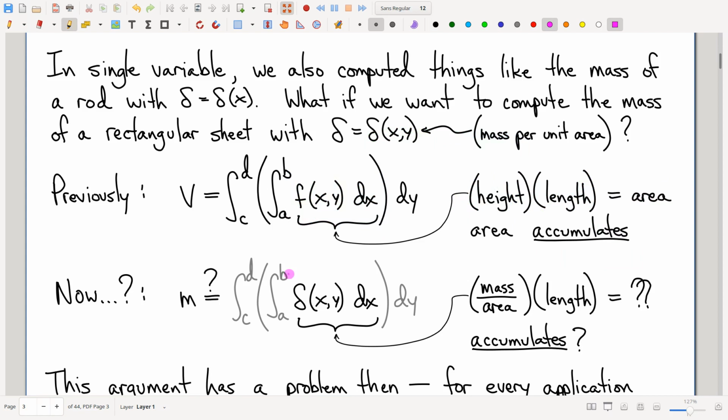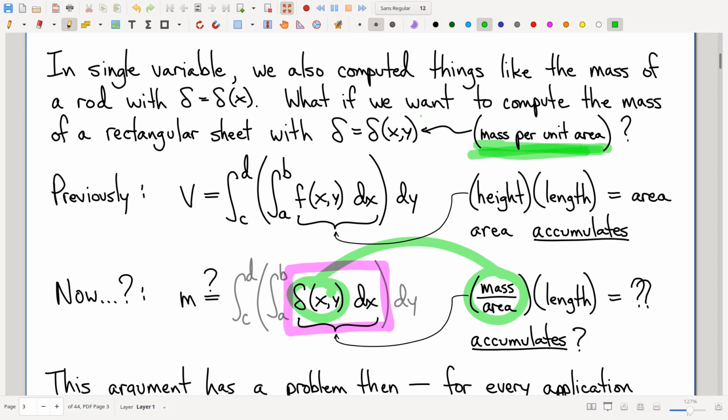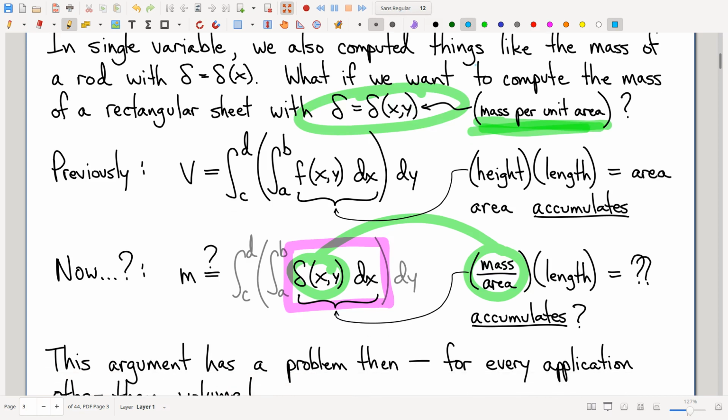Let's look at the integral we would have written down, with hope in our minds that maybe this will compute mass for us. And we look at the exact same analogous thing, and our integrand here, mass per unit area, telling us how mass is distributed across our rectangle, times length.